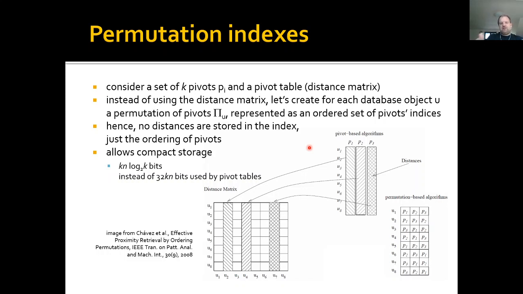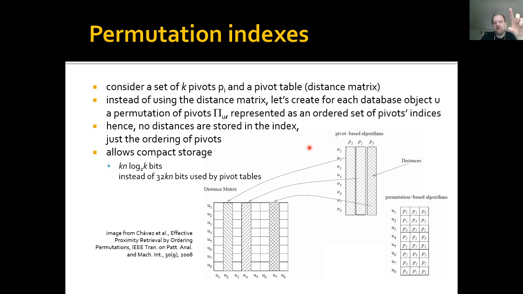If we want to speed up the search, what we can do is compress the table somehow, and instead of real values for each object to all of the pivots, we can just remember in the table the permutations of the pivots from the closest to the farthest.